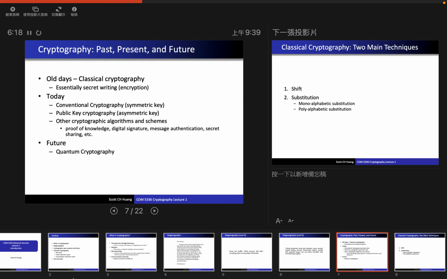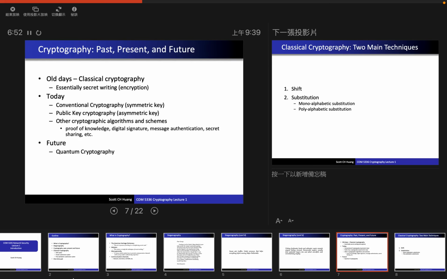But it turned out that you do have some advantages if you use a different key. When you use a different key, things will get a lot more complicated. Later we'll see a lot of algorithms, a lot of examples, and you will know why. So the encryption is simply you have plain text, and then I have cipher text.